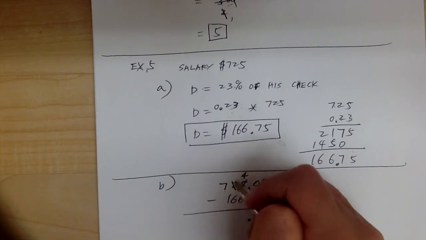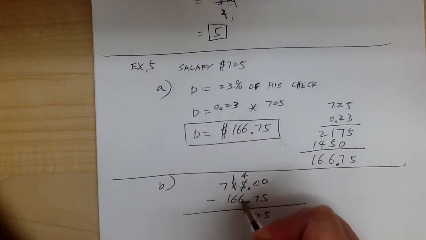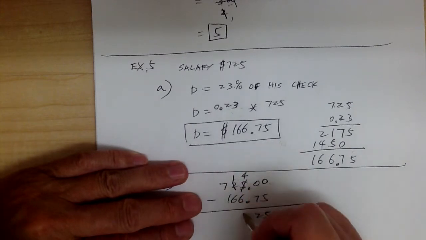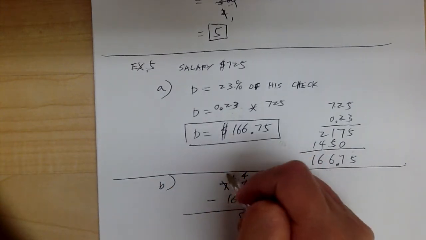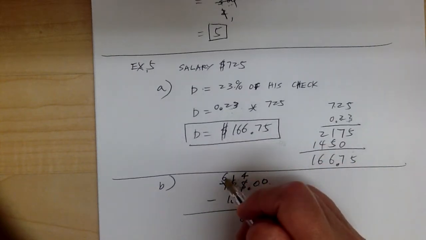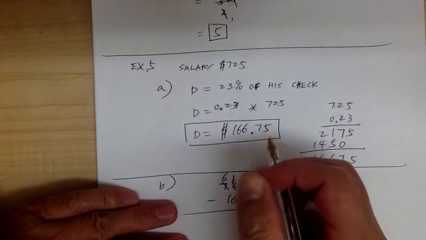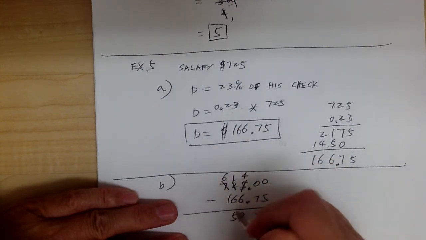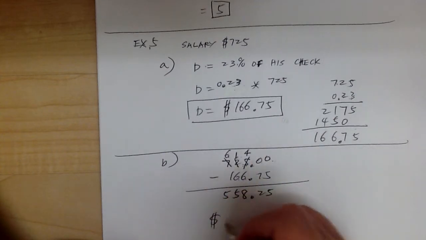From here. So borrow 1, it becomes 1. Now the one you borrow from here is 10, right? So 10 minus 6 gives you 4, plus a 4 will give you 8. Now over here you have to borrow again. So make it into 6. The one you borrow from here becomes 10, so 10 minus 6 will give you 4, plus the one you already have gives you 5. So now 6 minus 1 gives you 5. So your answer would be 558.25.